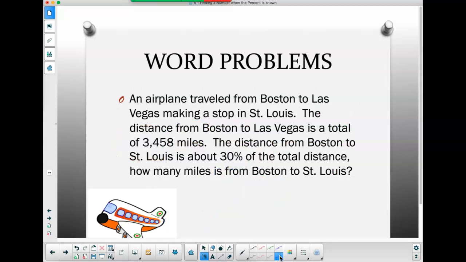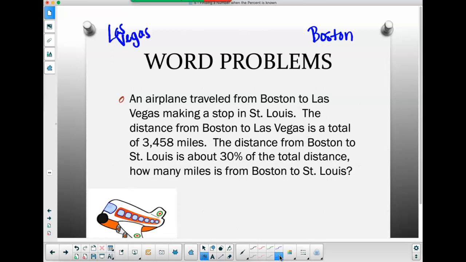Okay. All right, here's another long one. An airplane traveled from Boston to Las Vegas, making a stop in St. Louis. Okay, I need to draw this out. Boston is over on the East Coast. Las Vegas is over on the West Coast, or closer.